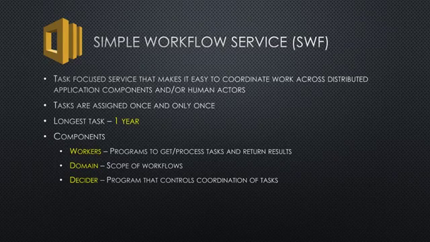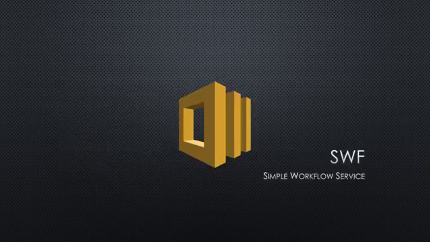That might be the last task in that workflow. The longest task that you can have is 1 year. So remember that SWF is task focused, and its longest thing that it can do is 1 year. SQS, and let's go back a little bit to SQS, is message focused.